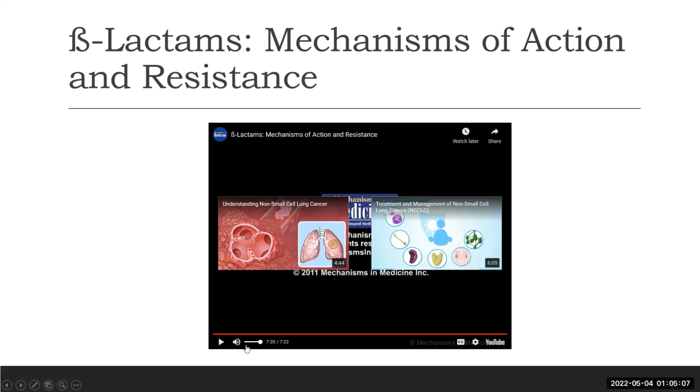So if there's resistance to antibiotics that we're using, for example, amoxicillin, then we need to come up with other antibiotics that the bacteria are not resistant to. Otherwise, we won't have antibiotics to use, which would certainly hurt our ability to treat different infections.